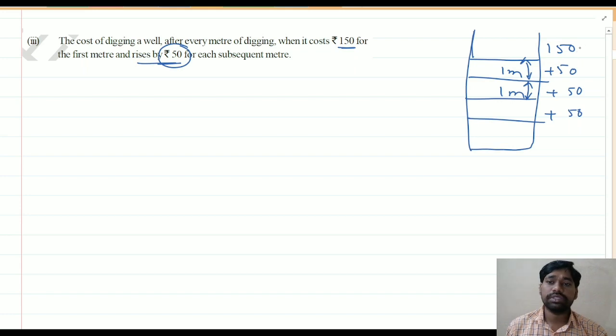So first is 150, next 50 plus 150 becomes 200. Then again 50 is added, 250. Again 50 is added, 300. So the process goes on like that.